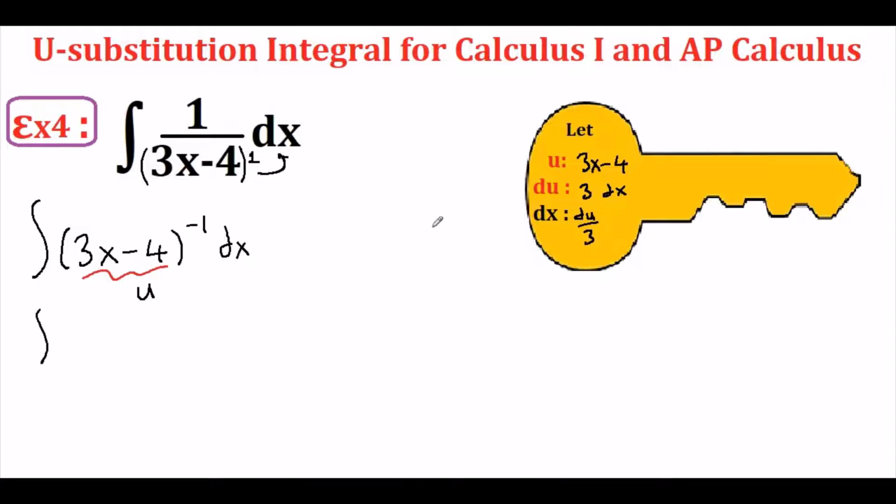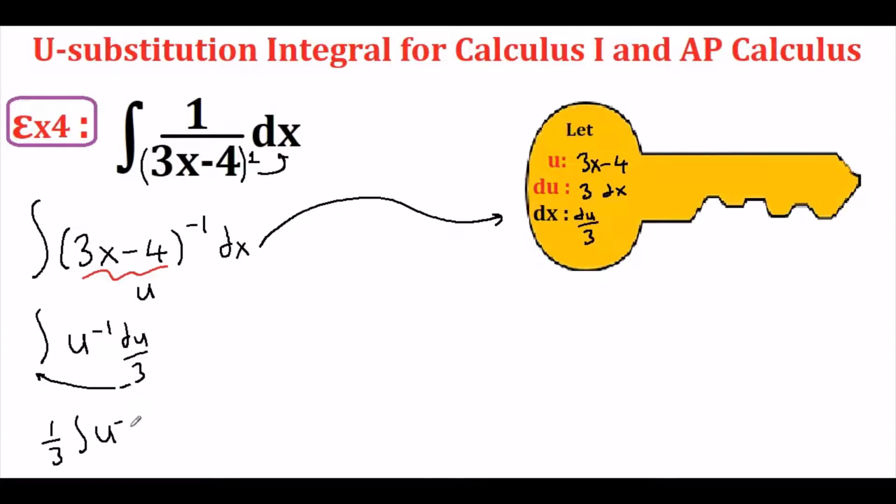Now let's rewrite everything in terms of u. This is our u to the negative 1 power, dx. And instead of dx, we're going to write du over 3. And you can pull this 3 to the front of the integral sign as 1/3. Now this is 1 over u.